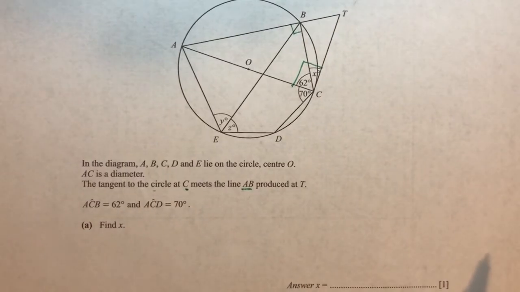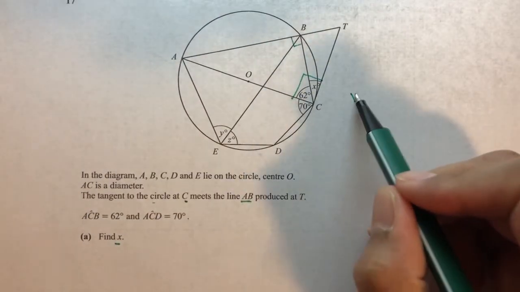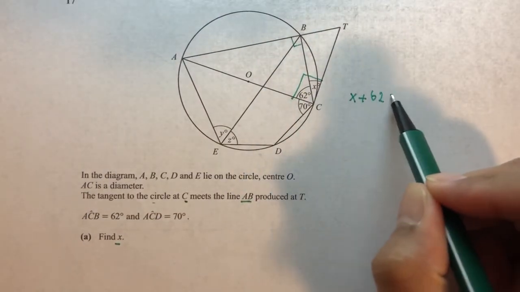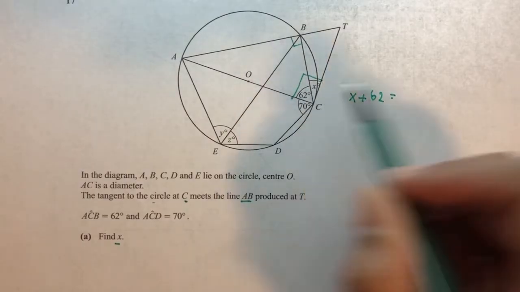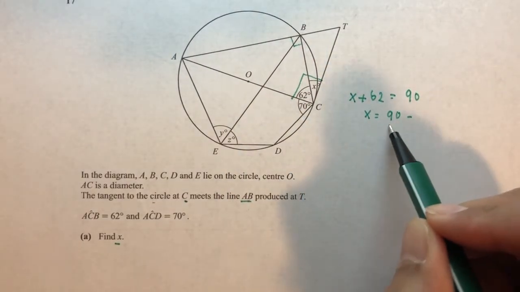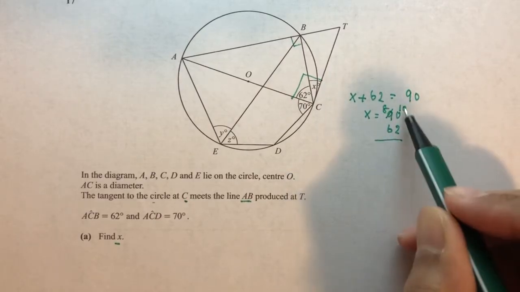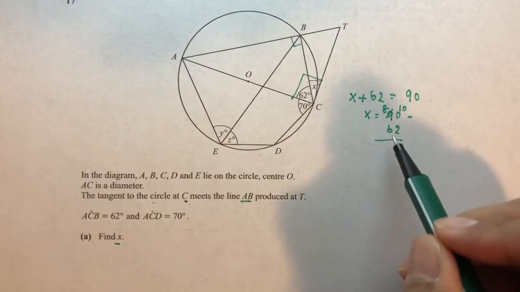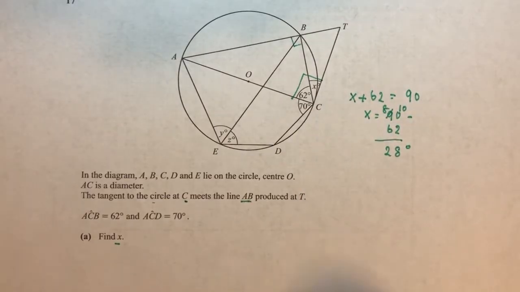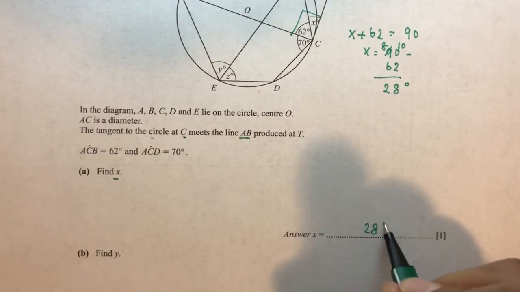So the first question is, find the angle X. So we know that X plus 62, so this angle is 90, which means X is 90 minus 62. So 10 minus 2 is 8, 8 minus 6 is 2. So answer for part X will be 28 degrees.